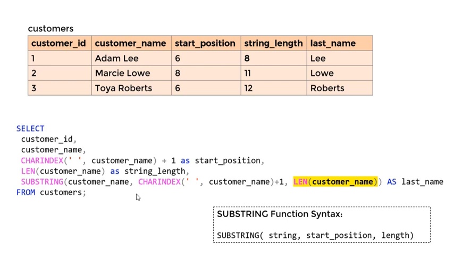From that empty space, you take the customer name column, and for char index we add +1. It is from the empty space +1, that gives the starting position, and the total length of the customer name we have to give, right? In that way it pulls that substring, the last name.